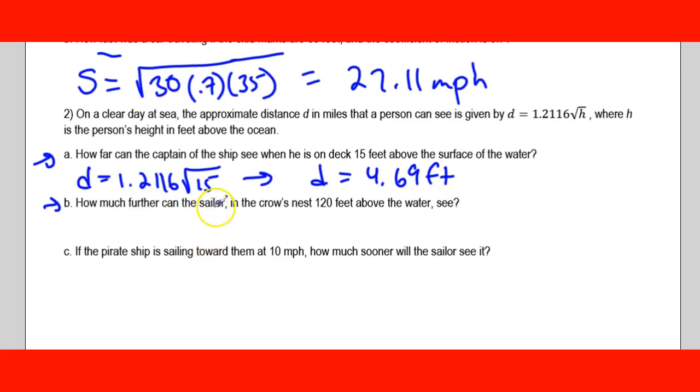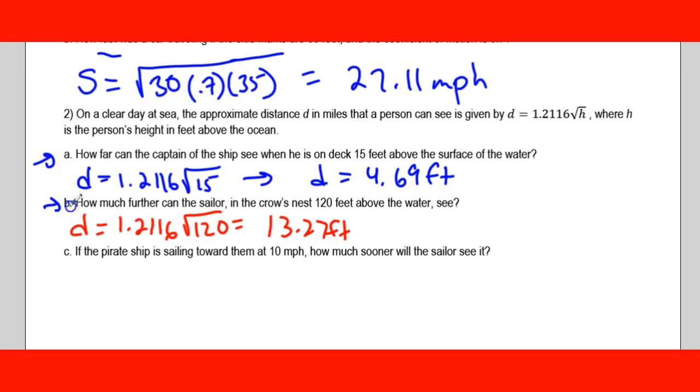We use the same equation with the square root of 120, and that gives us 13.27 feet. So the sailor in the crow's nest can see 13.27 feet out into the ocean.